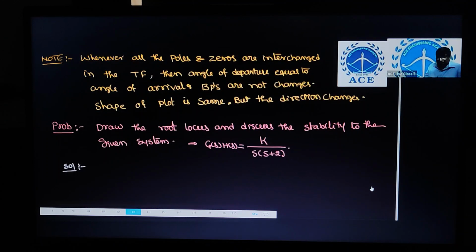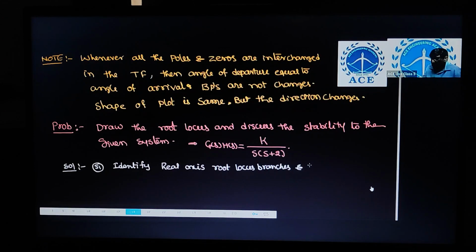Write the steps. Step 1: identify the real axis root locus branches and breakpoint.